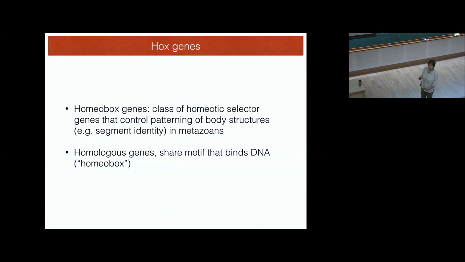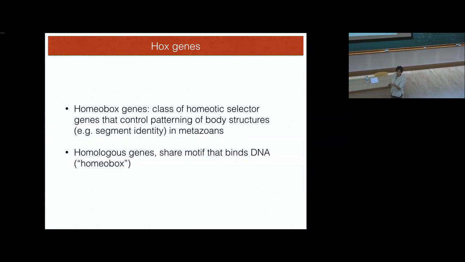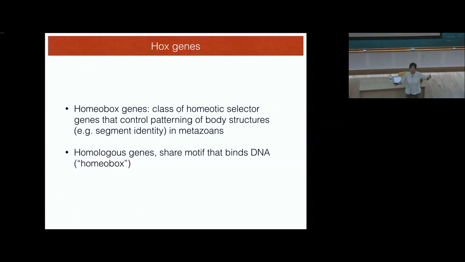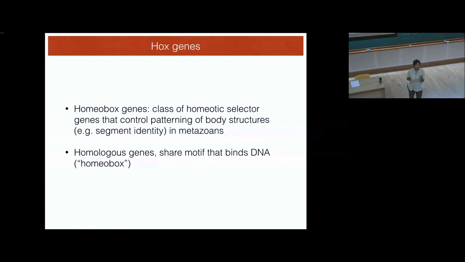So those kinds of things in metazoans are regulated by homeobox genes, and all of them share a motif that binds DNA, and this is why they become so critical and important for major evolutionary changes, right? Because all of these sets of genes, there's a bunch of genes that are paralogs. Are we familiar with paralogs? Paralogs are basically copies of a gene that are present in the genome. That duplication and that copying event happened much earlier, and now these different copies of the same gene have started to look a little bit different and may have taken on different functions.